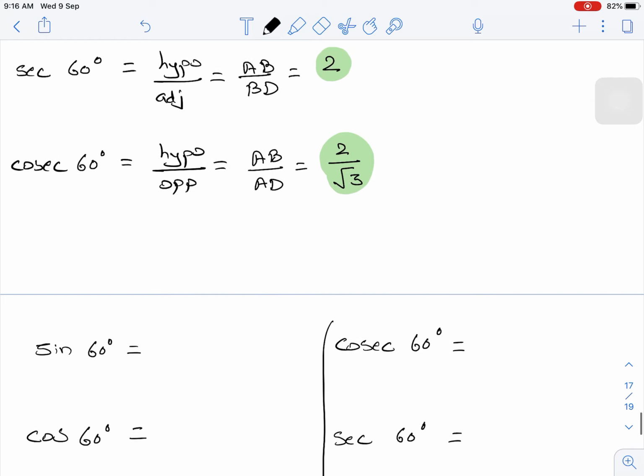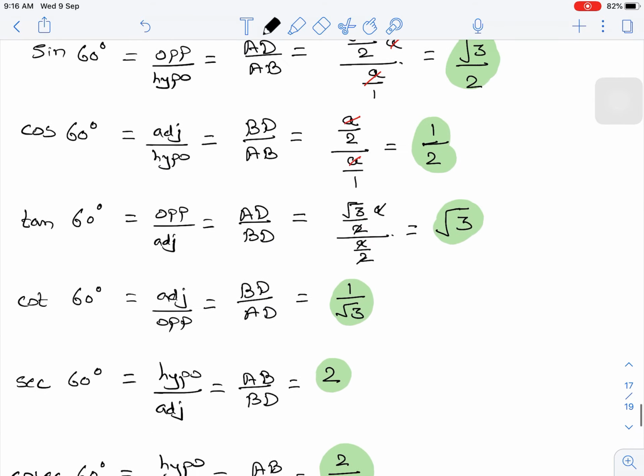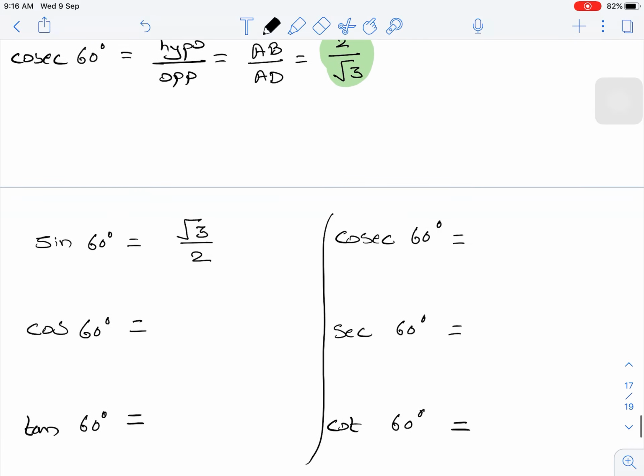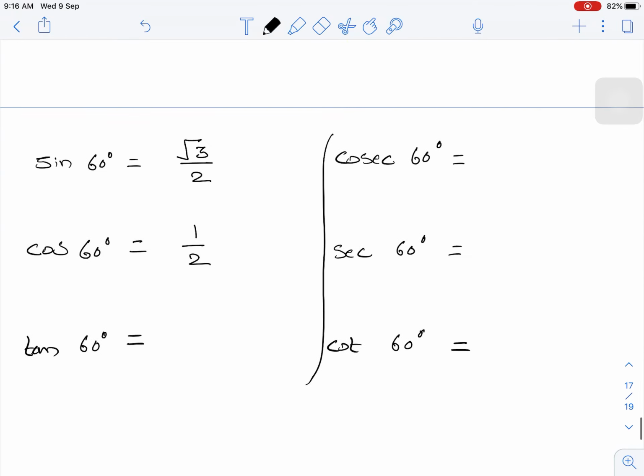So we got sine 60 equals root 3 upon 2, cos 60 equals 1 upon 2, tan 60 equals root 3, cot 60 equals 1 upon root 3, sec 60 equals 2, and cosec 60 equals 2 upon root 3. So now here I have calculated it for 60 degree. You people have to find it for 30 degree.